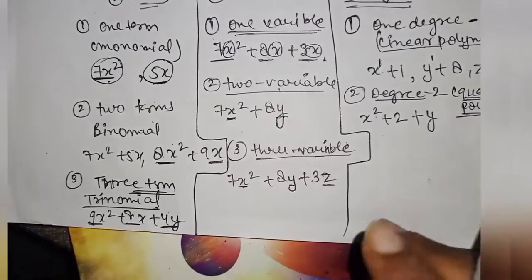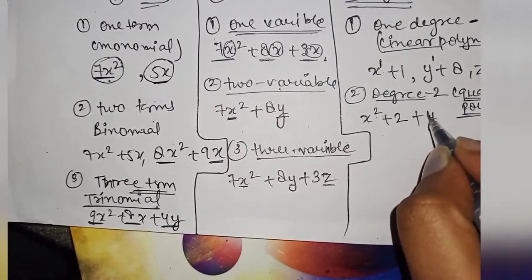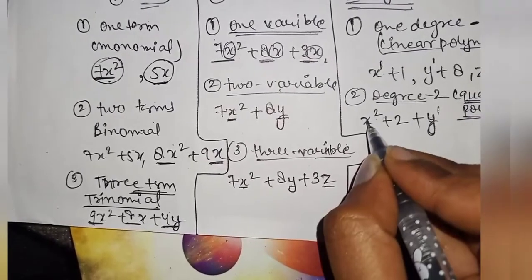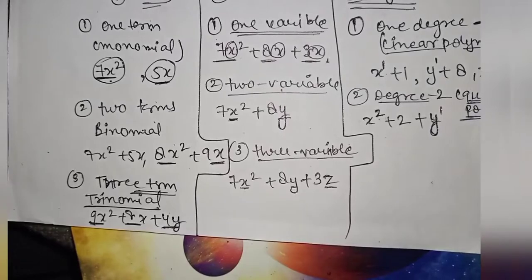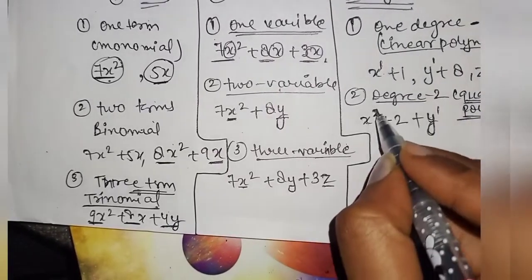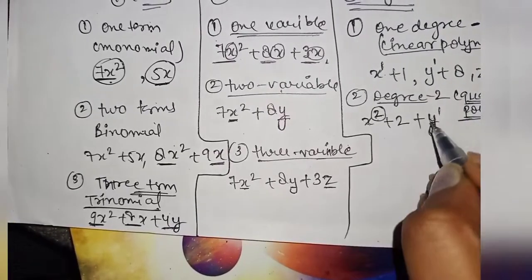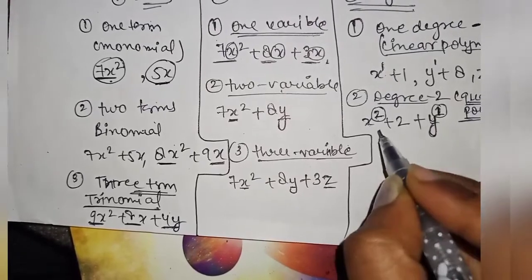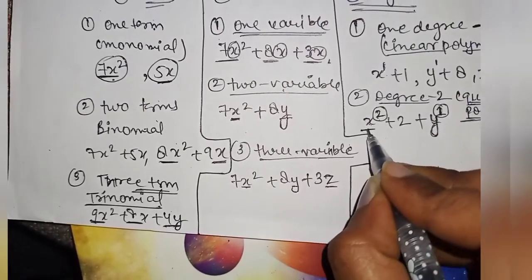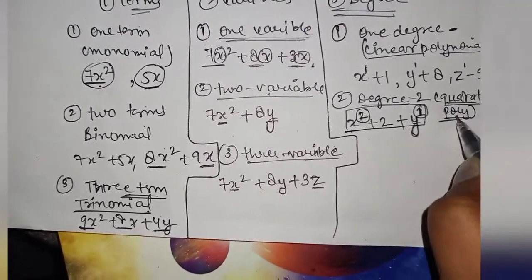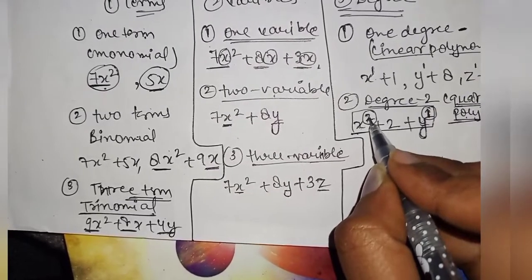We can also say y in this form, because here the power of y is 1, but the power of x is 2. So we always consider the highest power. Here the power is 2, but here the power is 1. So we will say that the equation is in quadratic polynomial because the highest power is 2.